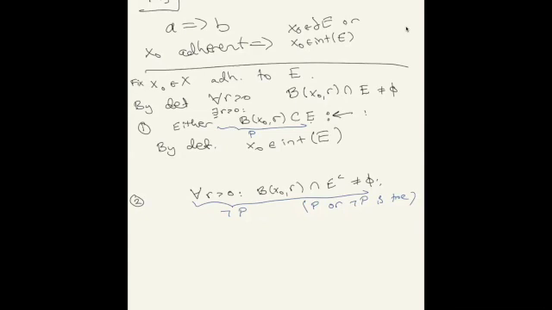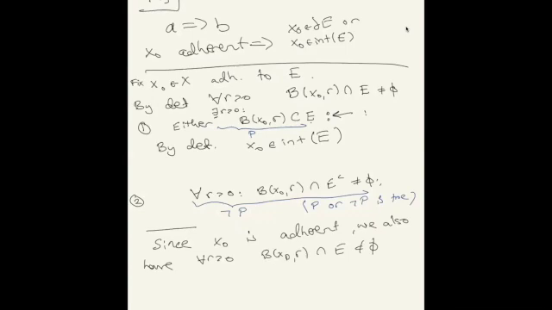Now in case two, no matter the radius, we intersect the complement. Well, since the point is adherent, we also have that for all radii, the ball of radius r intersects E in a non-empty way.